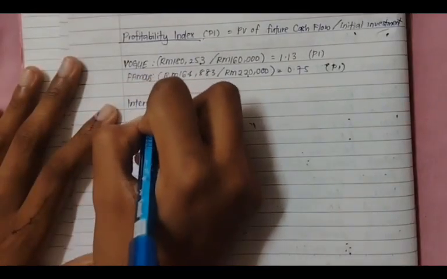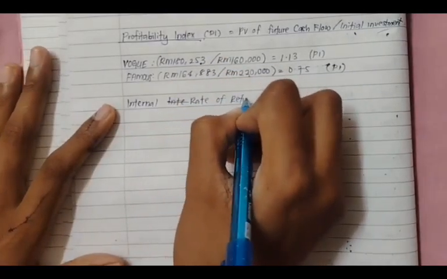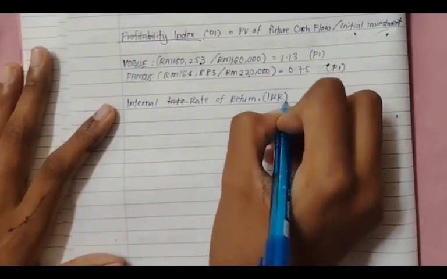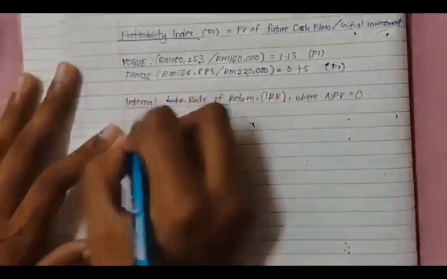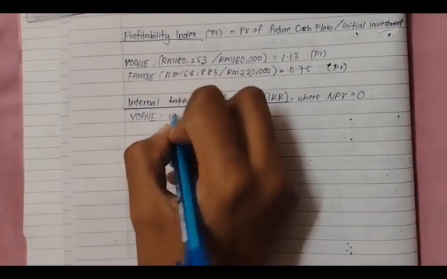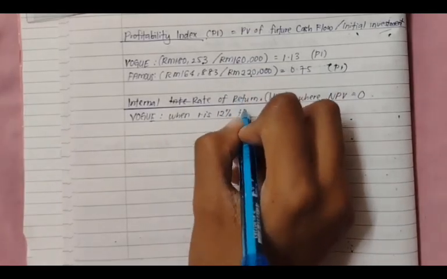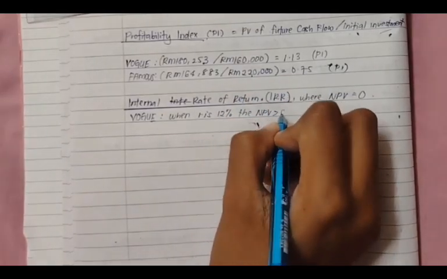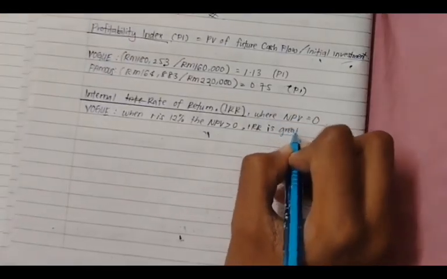Okay, now the internal rate of return. We calculate where NPV equals 0. For Wagyu, when R is 12%, the NPV is more than 0, so the IRR is greater than 12%.